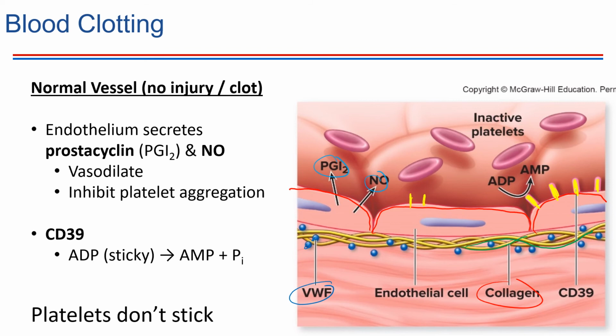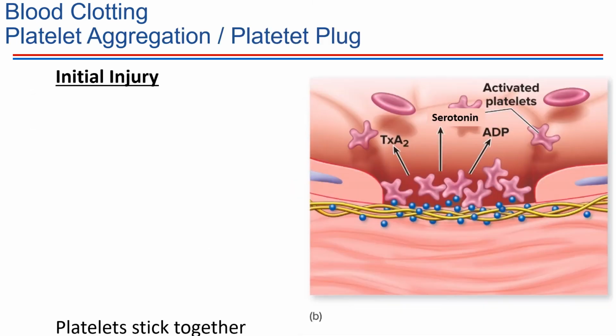So you just got to imagine them along this whole thing here. And that CD39 is causing ADP, which is really sticky, remember, to change into AMP plus a little Pi. We break that off here. So then that AMP is not sticky, and again, the platelets don't stick. That's the big thing here.